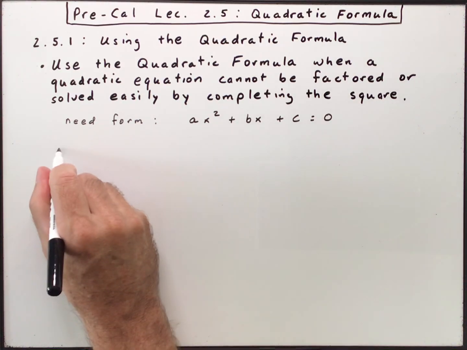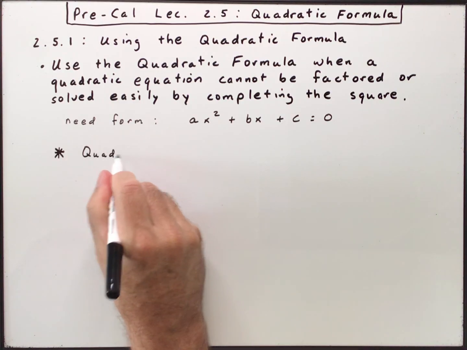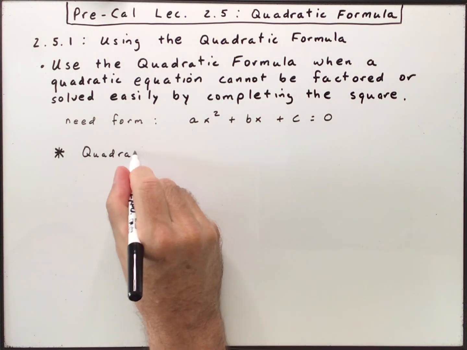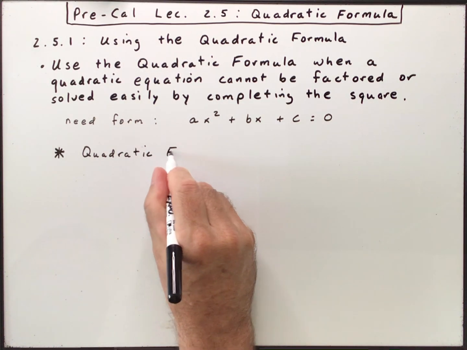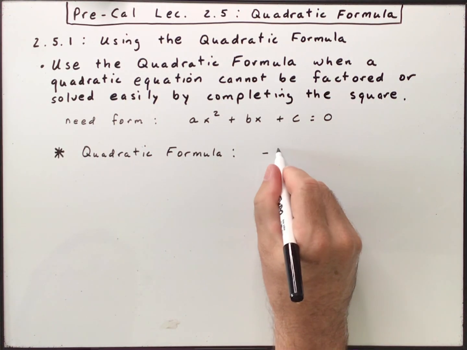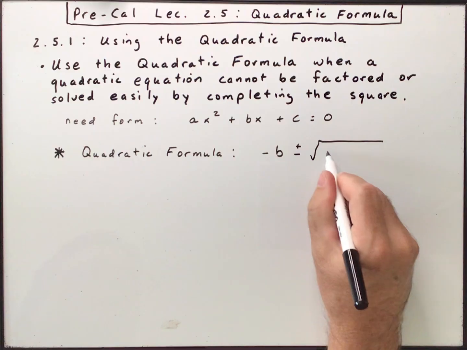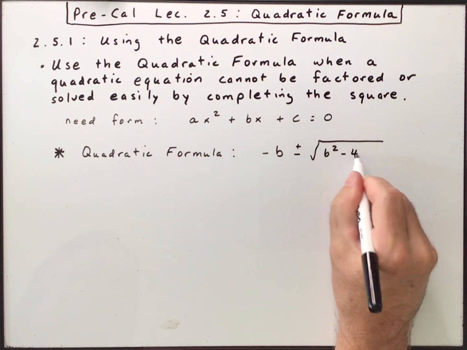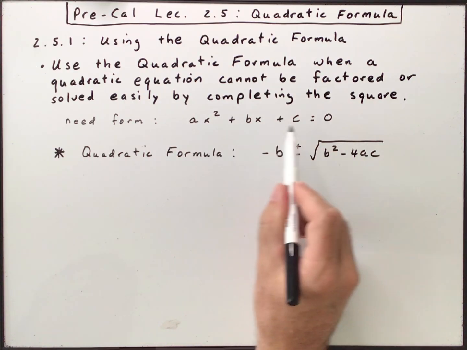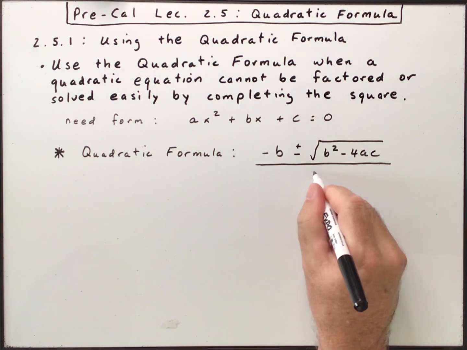And so the quadratic formula that you need to memorize, and you probably have certainly by Algebra 2, is negative b plus or minus the square root of b squared minus 4ac, using these coefficients out in front of the x squared and the x, and then the constant, all over 2a.